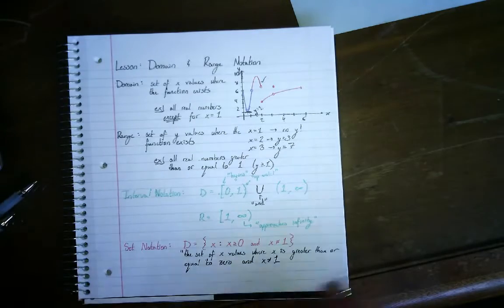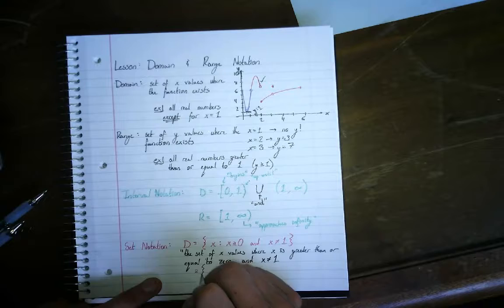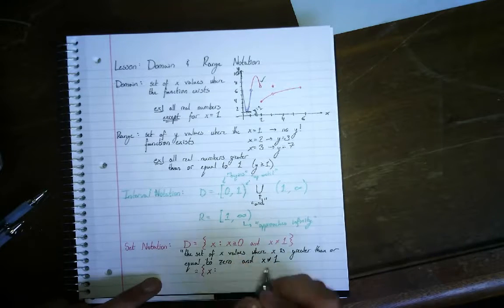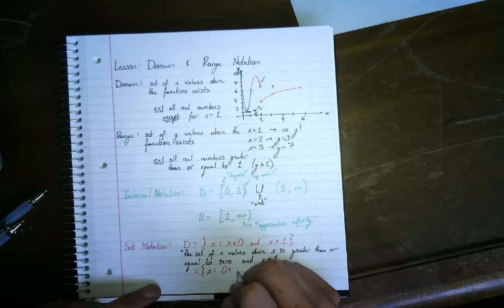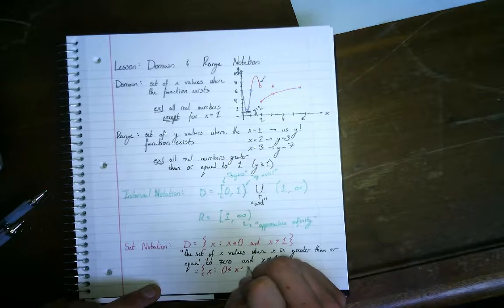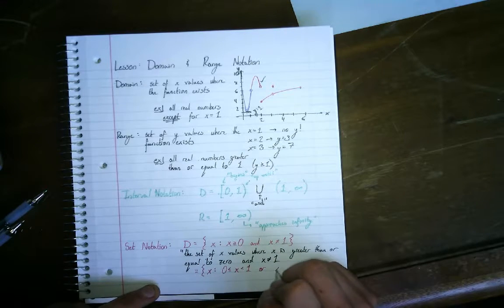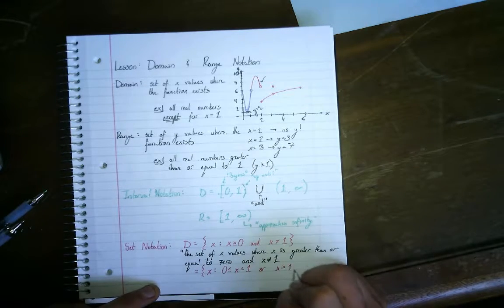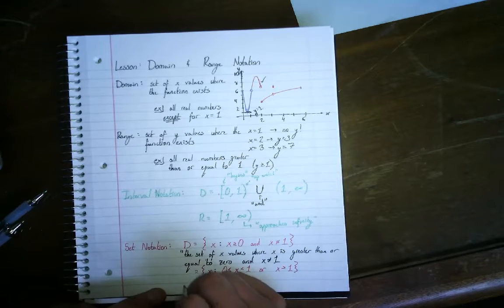So another way we could show this domain is, again, the set of x values, but now we're going to constrain it. The set of x values between 0 and 1, or x is greater than 1. Okay? So both of these would hold okay for the domain. The range is a little more straightforward here.